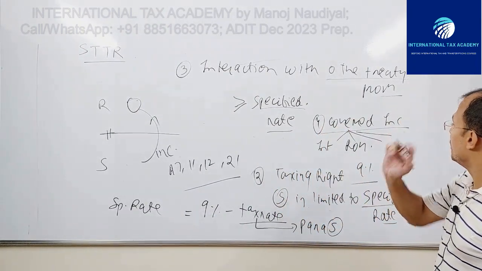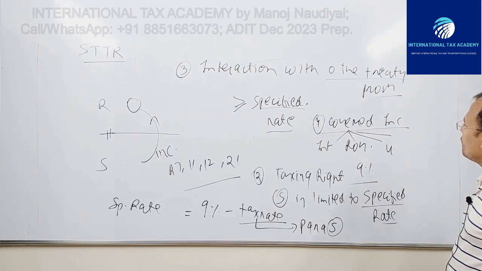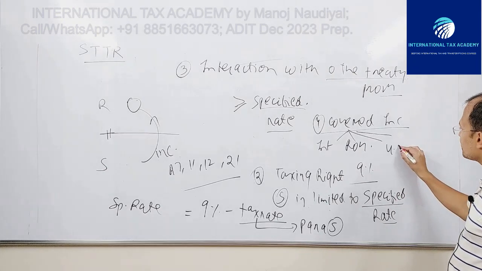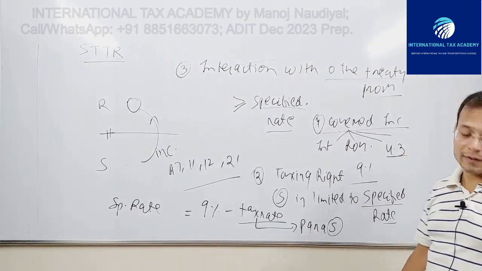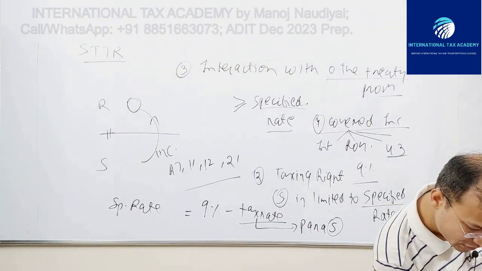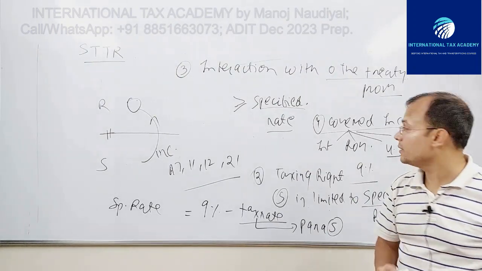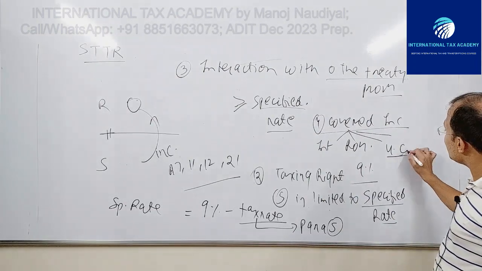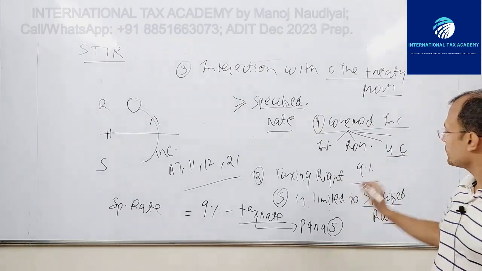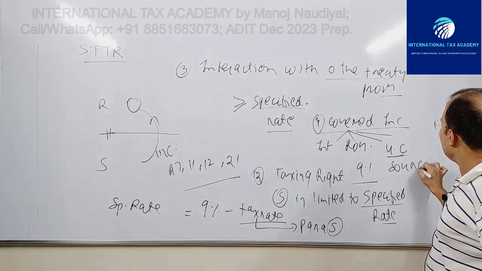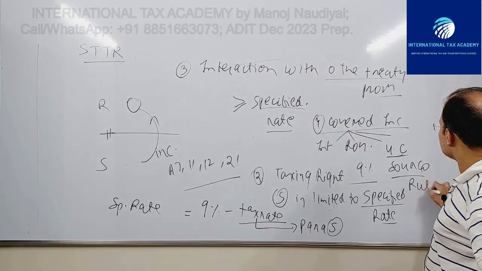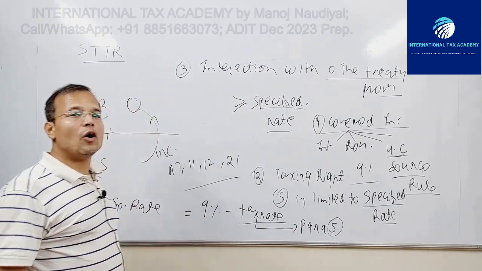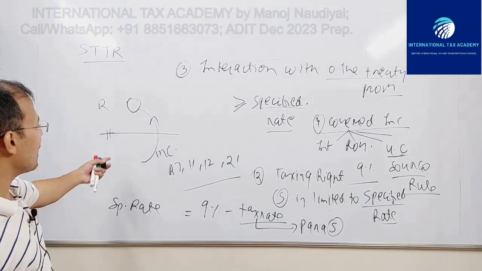One specific rule, that is paragraph 4C. 4C is the source rule. This deals with how you conclude that the income arises from S country.